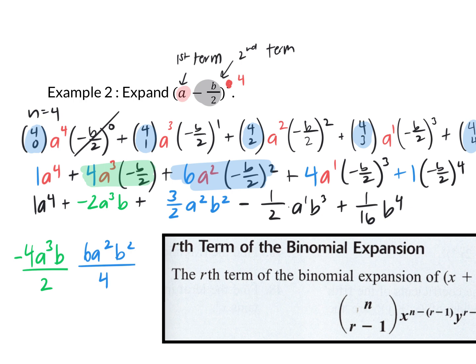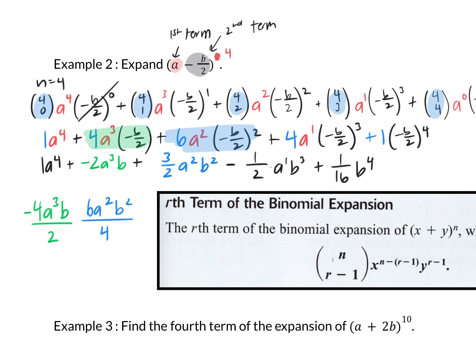Yeah? So again, this might be like a multiple choice question where the answer that is shown is this, and it's not what we originally got, okay? So that's like when you would have to for sure simplify it. If it just said to expand it, I'm okay with you leaving it right here as this answer, okay?